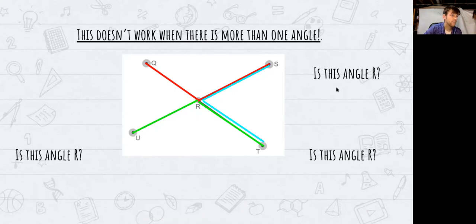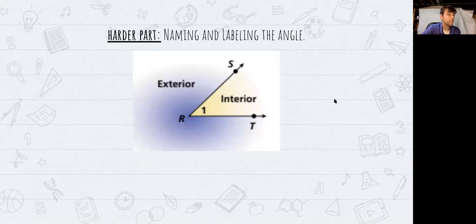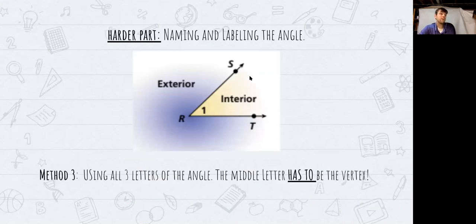And the third method is to use some points. The third method is, if there are 3 points here, and most of the time there will be, most of the time we'll have points labeled, we can use these 3 points to talk about our angle. So if we kind of trace the shape of the angle, we'll follow along 3 points.